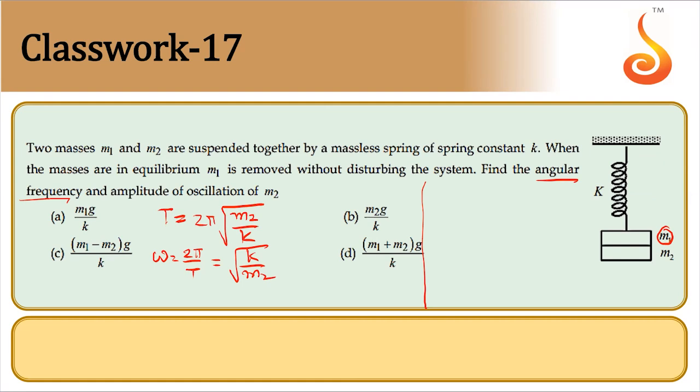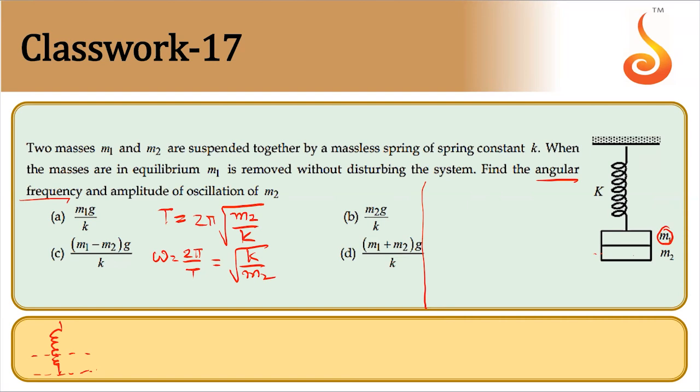Let us say only M2 is there. This is the equilibrium position with only M2. When M1 is added, it will stretch further from here, right? So to what extent it will stretch, that will be the amplitude.